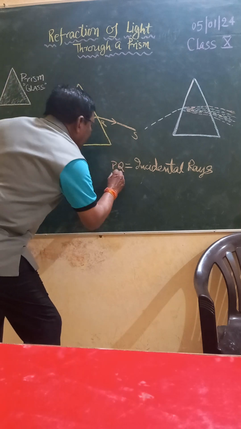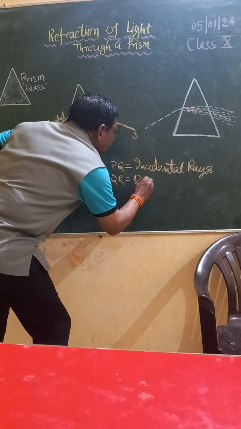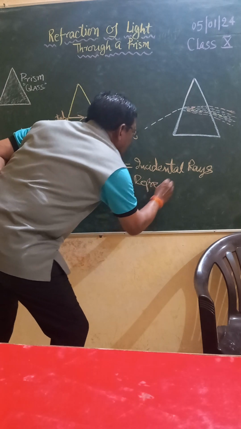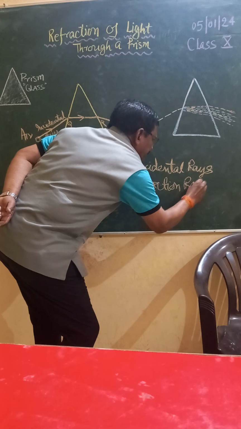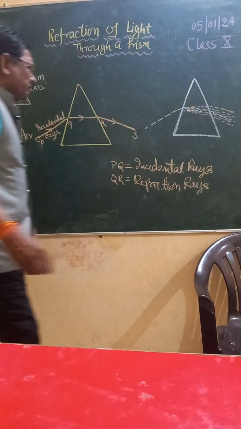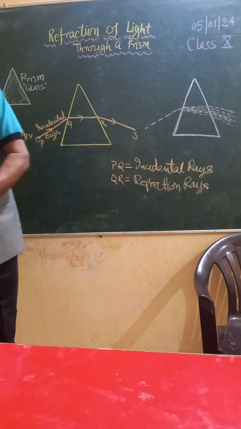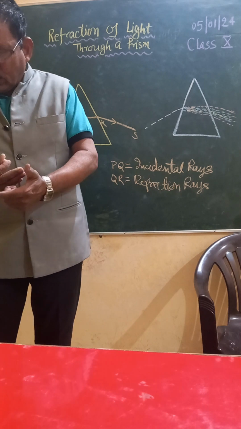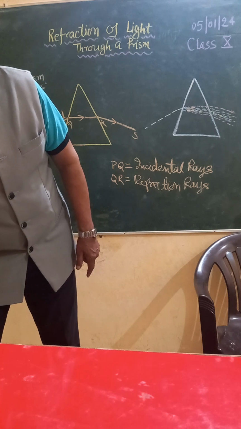So QR is the refracted ray. Then RS, that is how it goes on further, that we have to see.